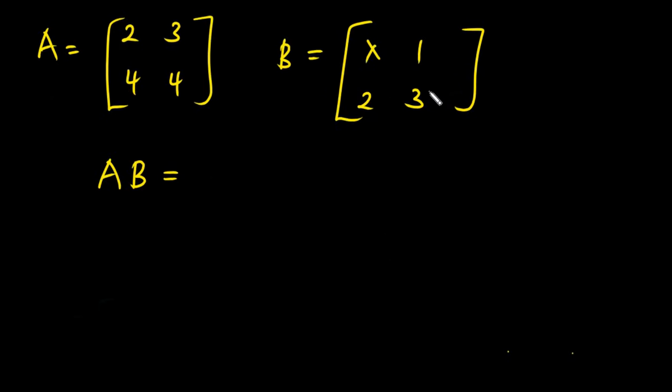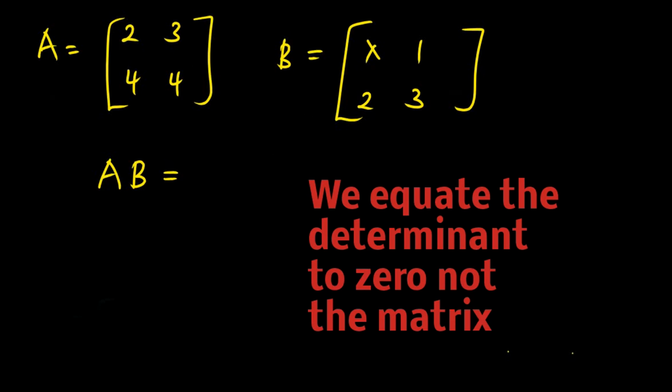So let's first multiply matrix A by matrix B so that we can get the product in terms of x, and then we can equate it to 0 because we are told that it's a singular matrix.